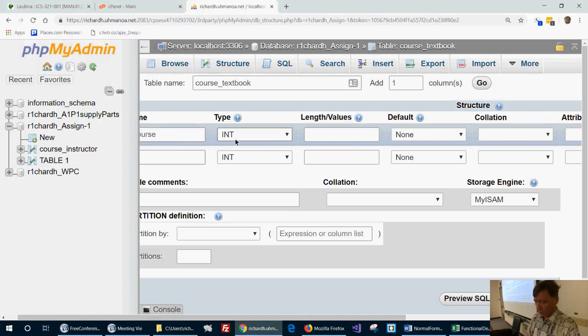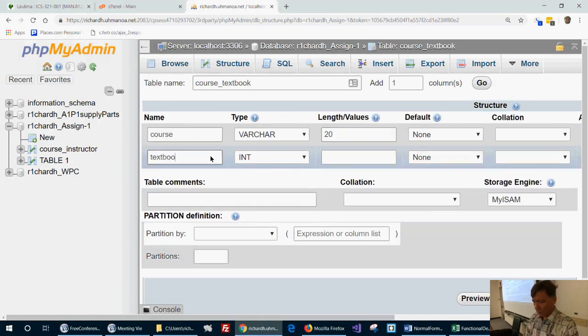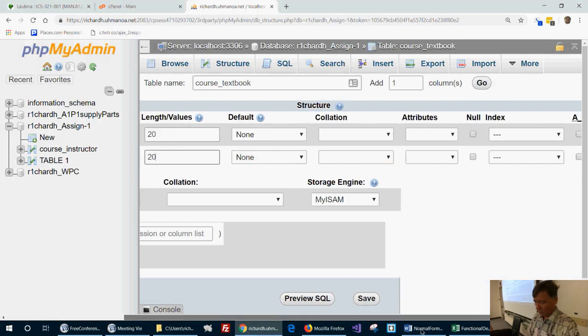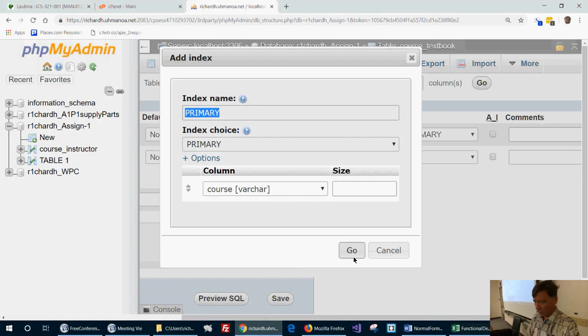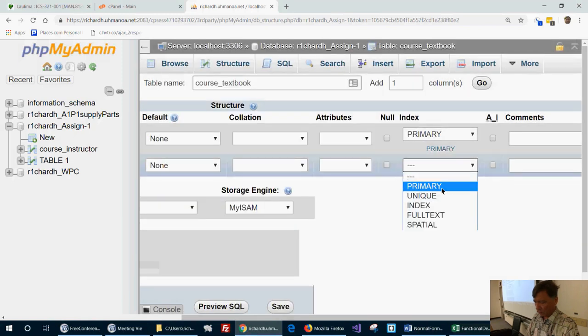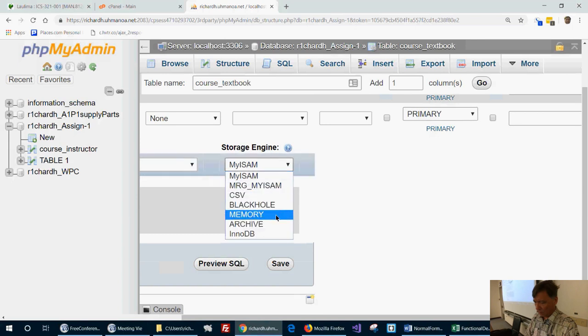Course, varchar 20, textbook, varchar 20, and it's going to be part of the primary key. And it's going to be InnoDB, save.